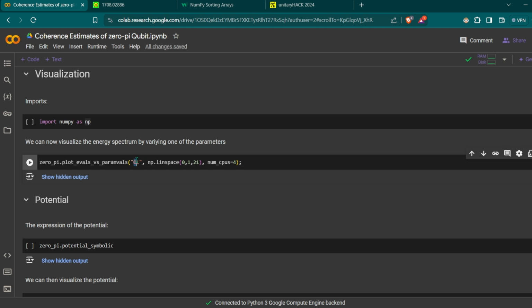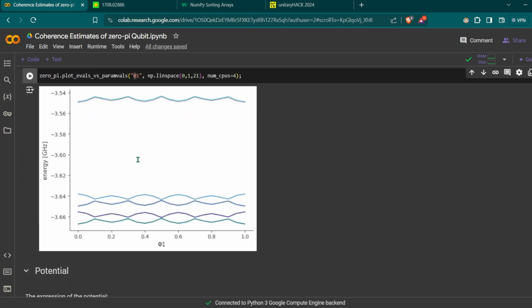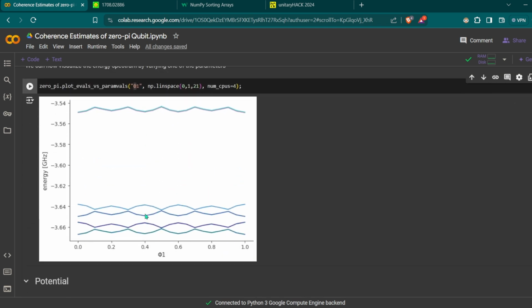The phi1 is saying that I'm going to use the flux as the parameter, and I'm going to plot the eigenvalues versus the flux values. So if I output this, we're going to see this kind of diagram.